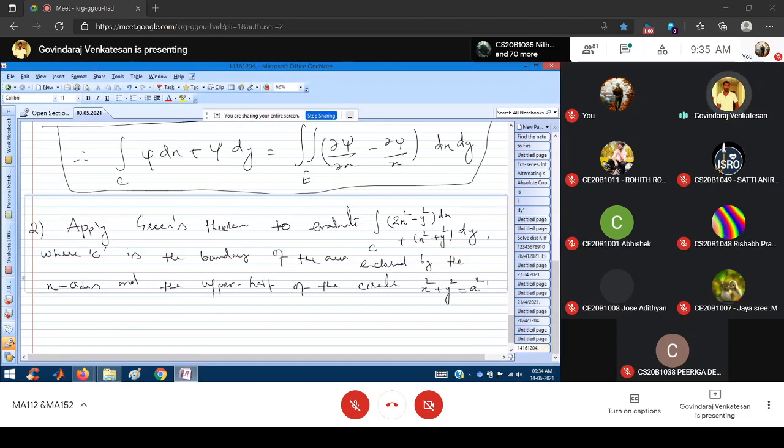So apply Green's theorem to evaluate the integral where C is the boundary of the area enclosed by the x-axis and the upper half of the circle.